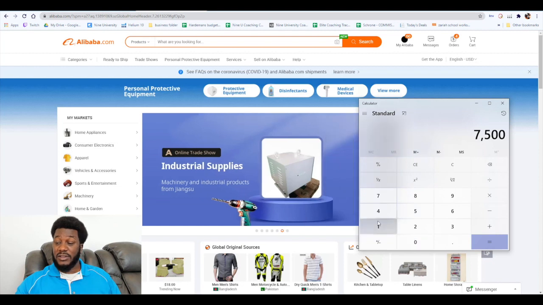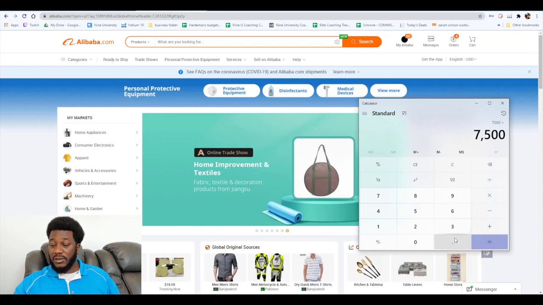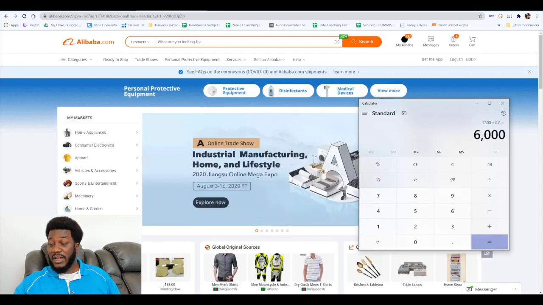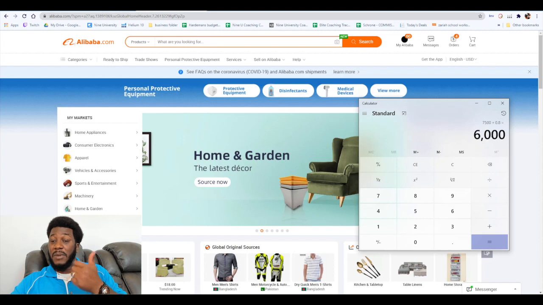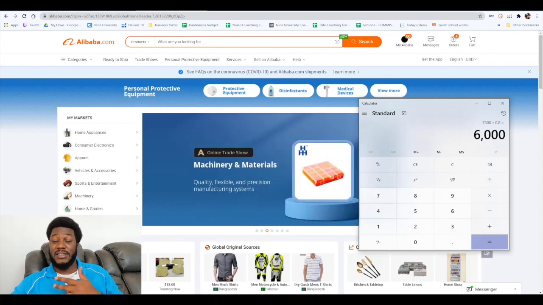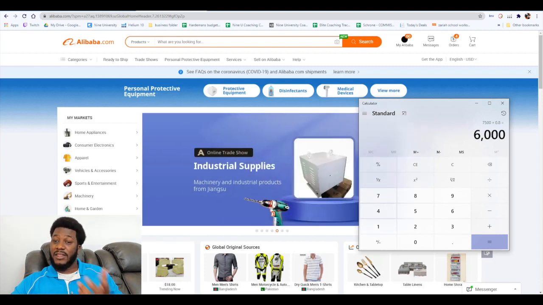All right? For instance, there's a budget of $7,500. First thing I'm going to do is take off 20%. So I'm going to leave myself with 80%, which is $6,000. So $1,500 of that, you're going to set aside for things like product discovery tools, monthly subscriptions to websites, aggressive or conservative advertising if you need to, talking to your friends, discounts that you may or may not give, things like that.